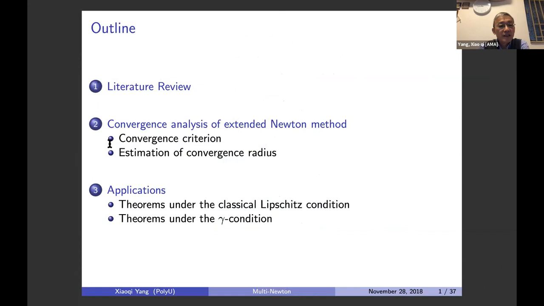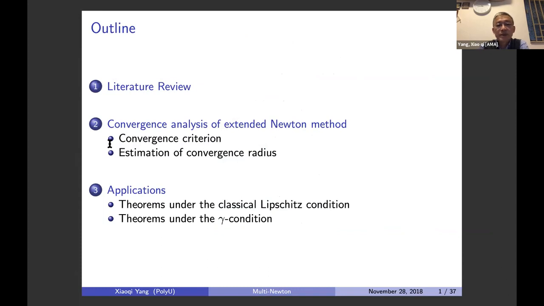So that's briefly the outline of my talk. I'll do a literature review and the convergence analysis, and the convergence criterion for the three kinds of convergence. Then one thing is the estimation of the convergence radius.